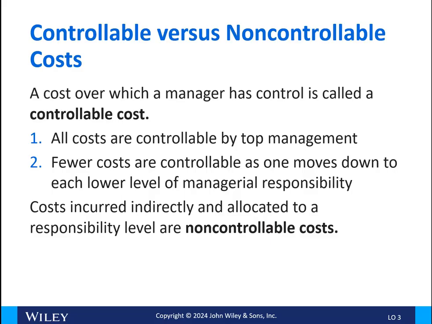IT is a good example of an allocated cost in a lot of companies, where you have a central group that manages the IT systems. They make decisions on buying software, such as whether to use an on-premise server or a cloud-based system, that type of thing.